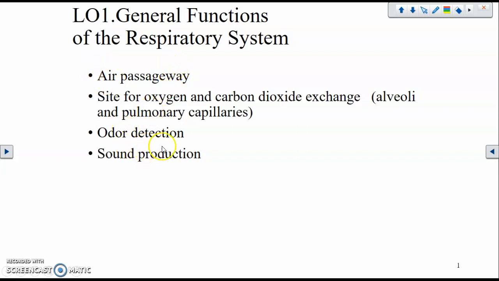Odor detection and sound production are secondary things, but obviously are very, very important, especially sound production for the social aspects in communicating with other members of our species or even other species as well. But again, know these four general functions, but the most important ones are the first and second function, which are directly related to each other.